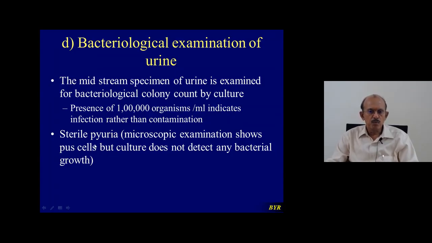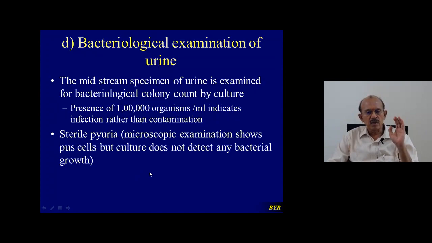But when you put it for culture, the culture doesn't detect any bacterial growth. Pus cells means white cells. So whenever white cells are there in the urine, that indicates that there is infection in the urinary tract. But when you try to look for bacteria in the culture, you won't get bacterial culture. Then it is called sterile pyuria.